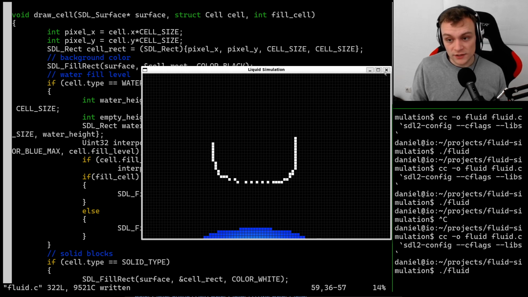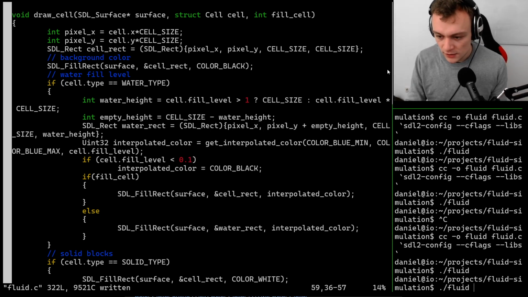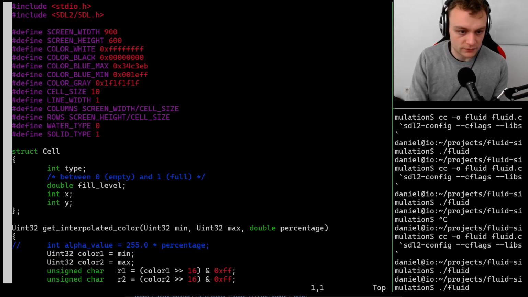This looks good. This is finally something where I'm saying, okay, this looks good. So let me just increase the cell size again, just so you can see it better.